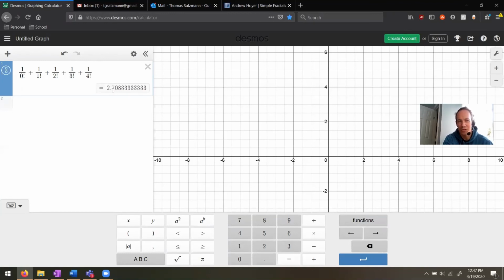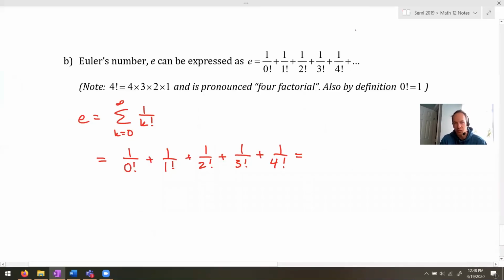And we're actually pretty close. That's 2.708, whereas it's actually 2.718. If you keep on going, and I'll let you try it, you'll get remarkably close. So that's 2.70833, about 2.708 dot, dot, dot.